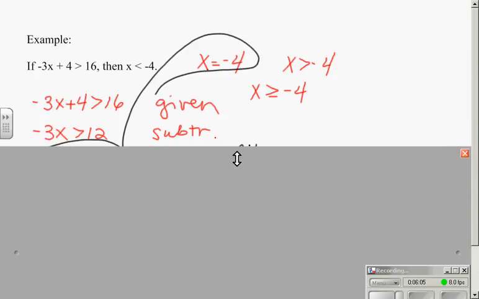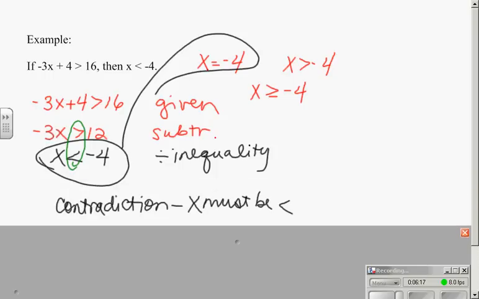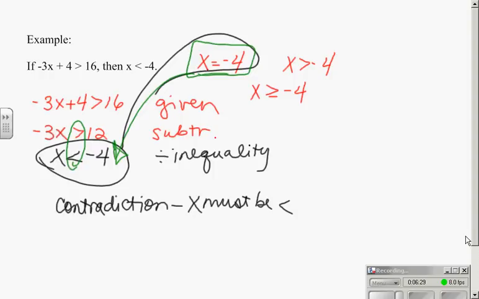Subtract 4 from both sides. Now remember, when you divide by a negative in an inequality, that sign has to flip. And what I've got down here is, if x is supposed to equal negative 4 and it doesn't, I have a contradiction. So the original must be true.